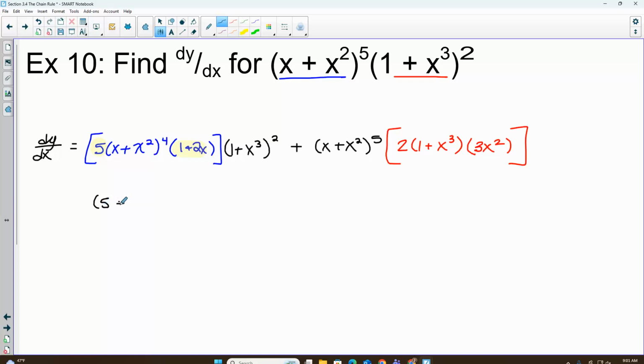So we get 5 plus 10x times (x plus x squared) to the 4th, times (1 plus x cubed) squared. And this term, you could multiply quite a bit. If you wanted to at least multiply those, you get a 6x squared, but you could take it through that parenthesis as well since it only had a power of 1.